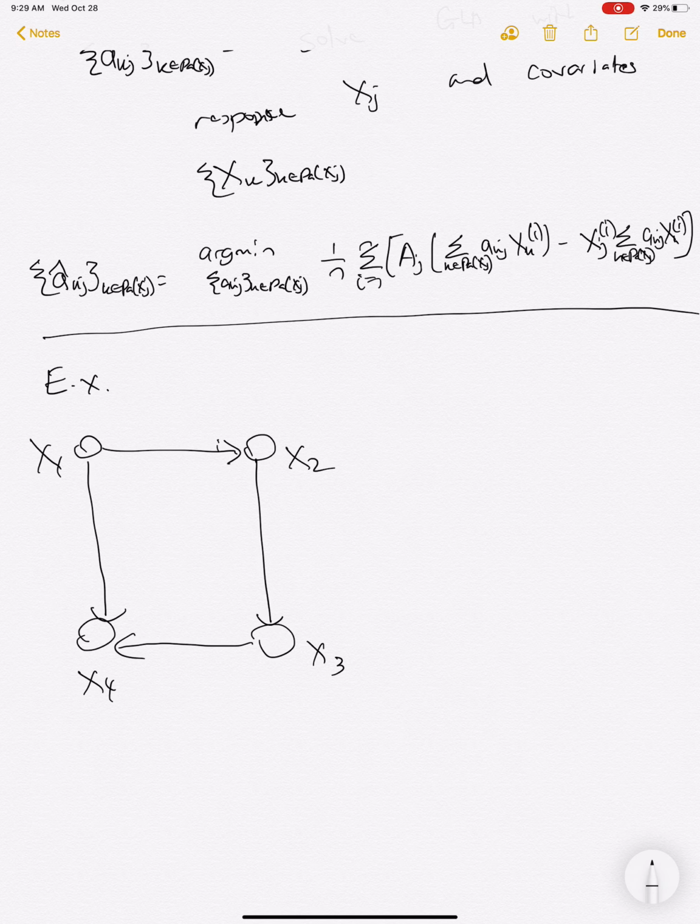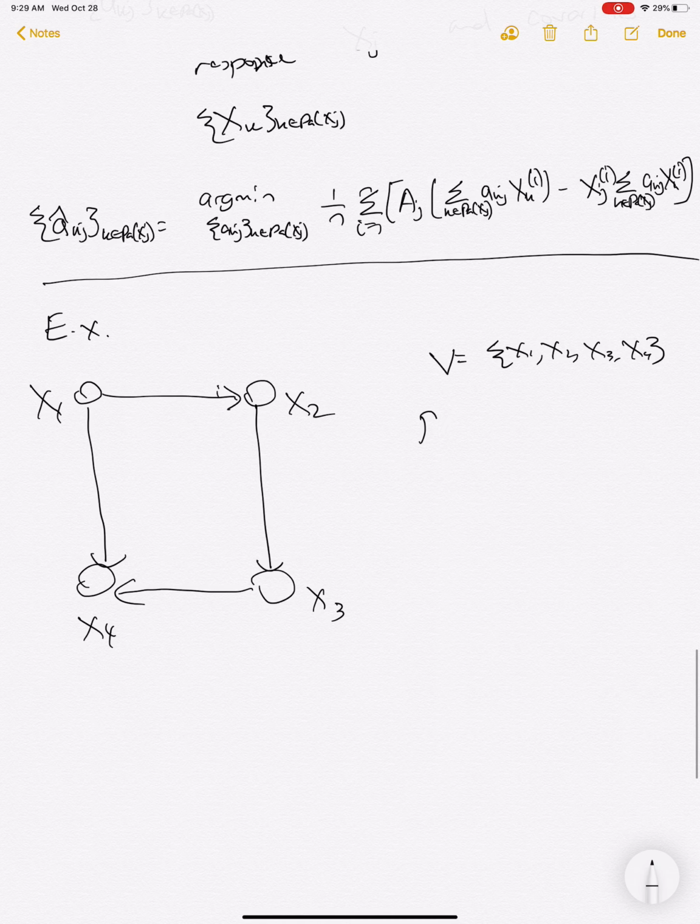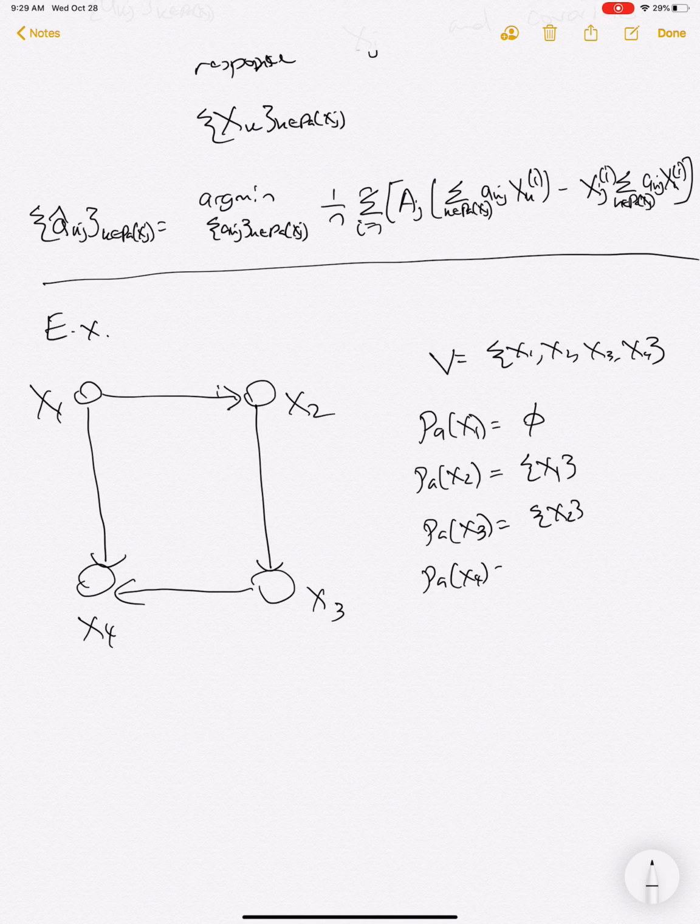So v is here equal to x1, x2, x3, x4, and then we'll say that the parents of x1 is just the empty set. There's no parents of x1. The parents of x2 is equal to x1. The parents of x3 is x2. And the parents of x4 is x1, x3.